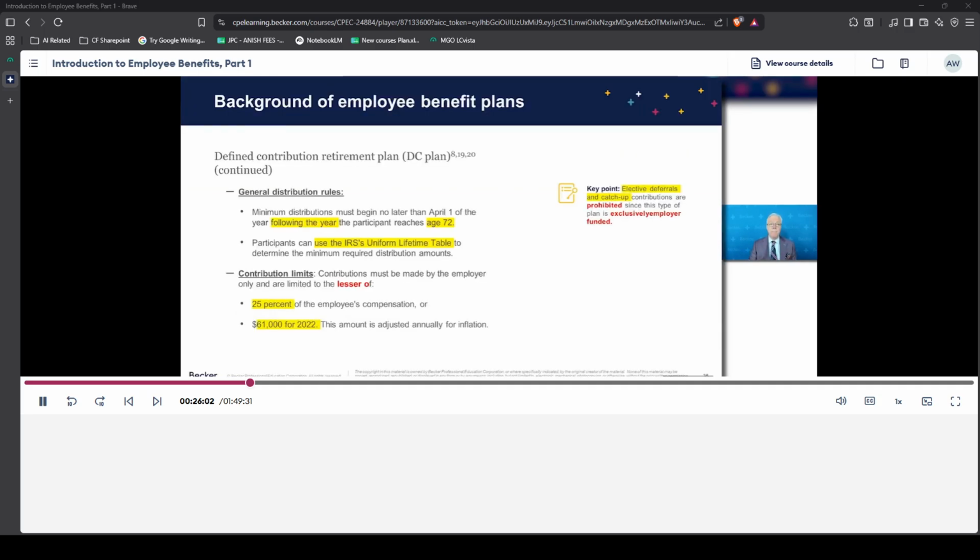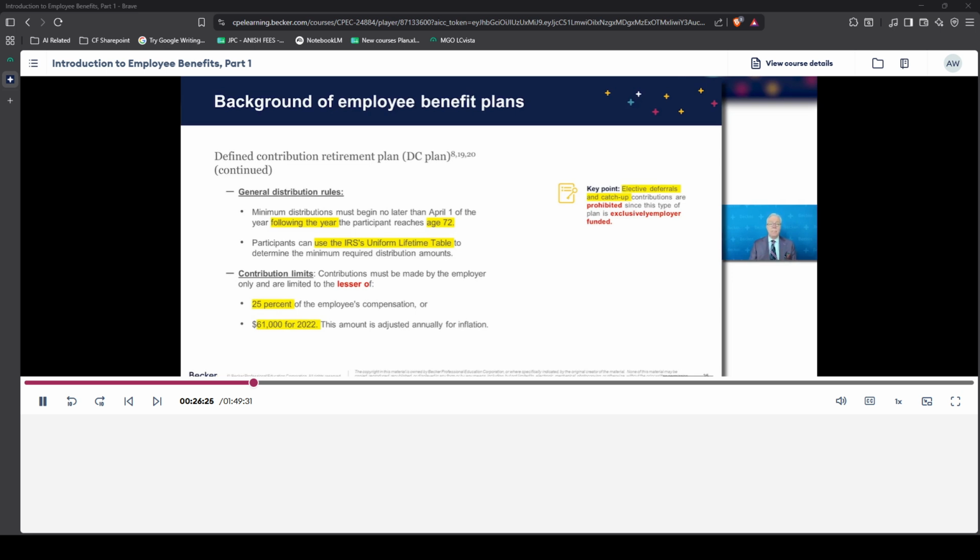Now, the general distribution rules: the minimum distribution begins no later than April 1 of the year following the year you turn 72. There's your required minimum distribution. Participants may use the IRS Uniform Lifetime Table to determine that required minimum distribution. So hypothetically, I've turned 72, I already retired.